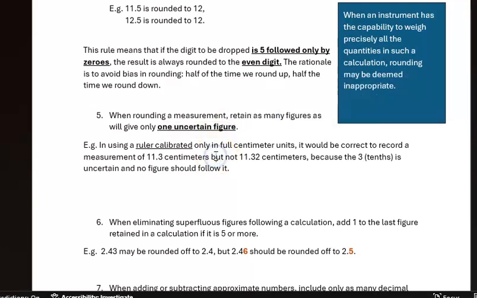So in statistics and in life, there's always one uncertain figure. And so in this context, what we're saying is, if you are measuring 11.3, and your answer you're getting is 11.32, the 2 is the uncertain figure in that.